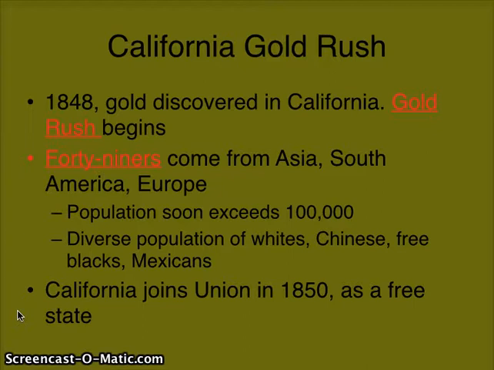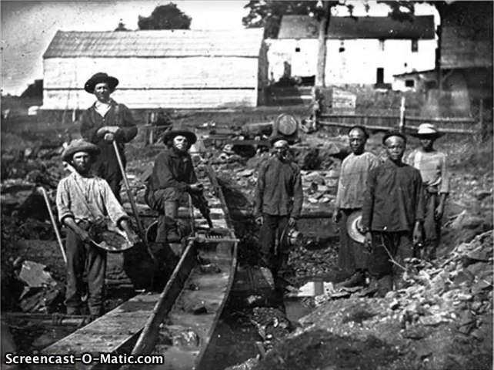By 1850, California joins the Union, but California joins as a free state. California never had slavery, even though technically California is under the Missouri Compromise line. Here is an example of some of the diversity that you're seeing in California at this time. So here we have some white people, but we also have some Chinese people over here.